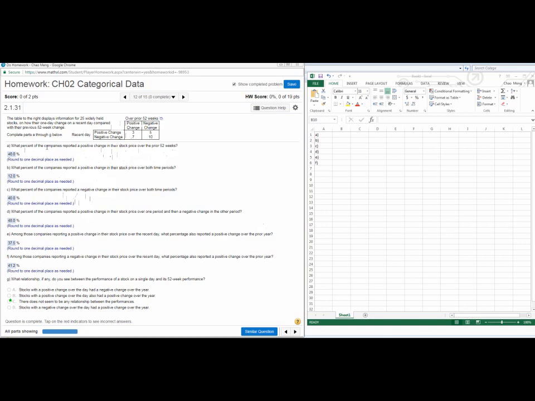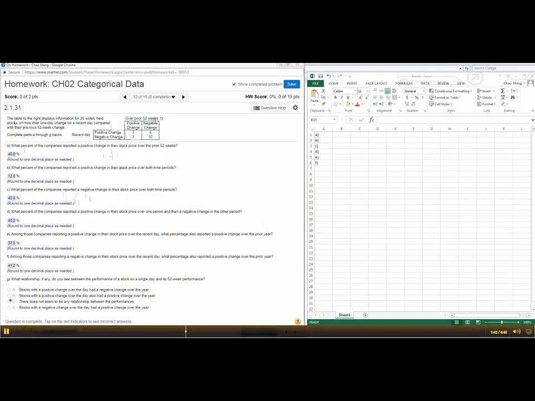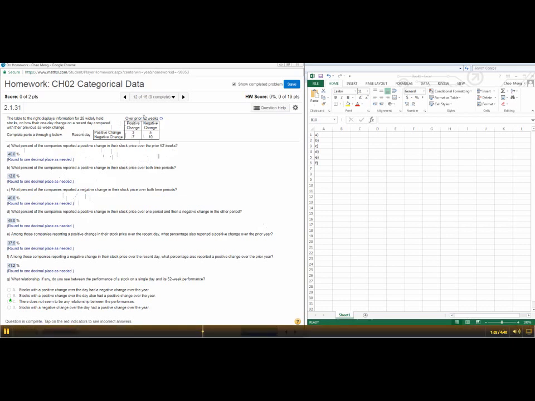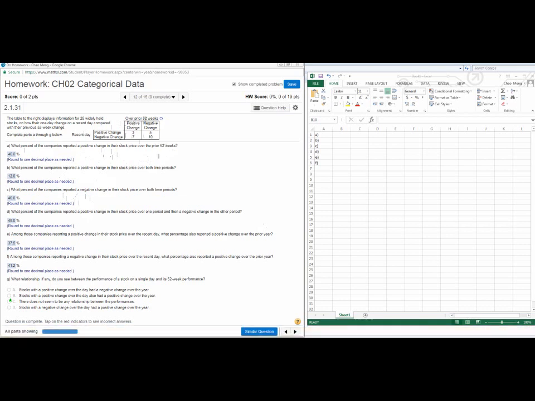After reading this question, we know that it's talking about the companies that have a positive change in the prior 52 weeks. So we are only looking at one variable, because the question is talking about prior 52 weeks. We just look at the variable on the top, and the value of the variable is positive change.